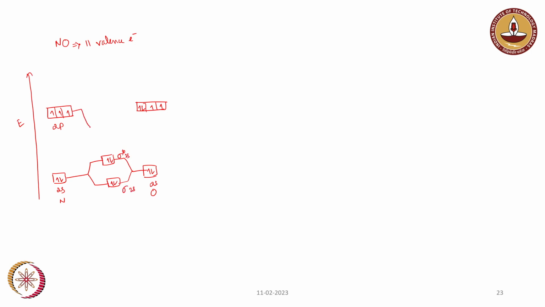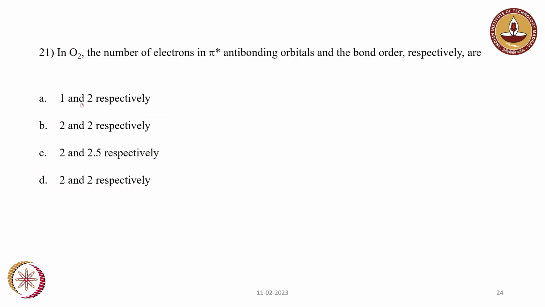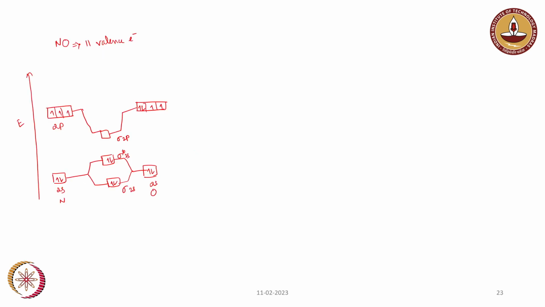This will form sigma 2p. So a total of 7, 4 plus 3, 7 electrons are there.